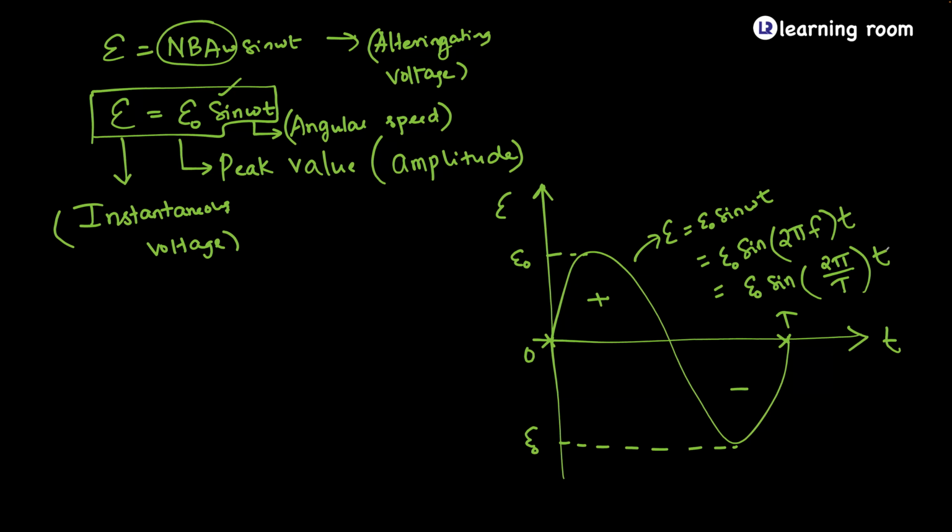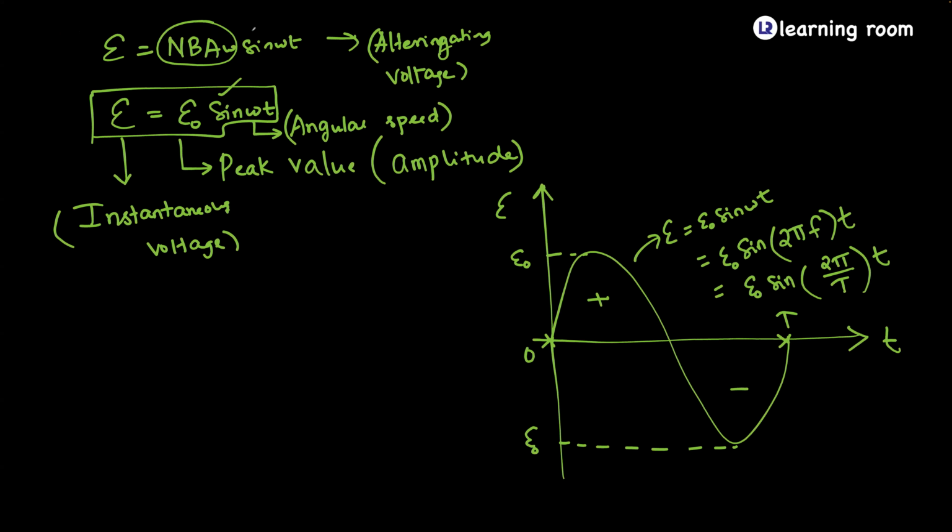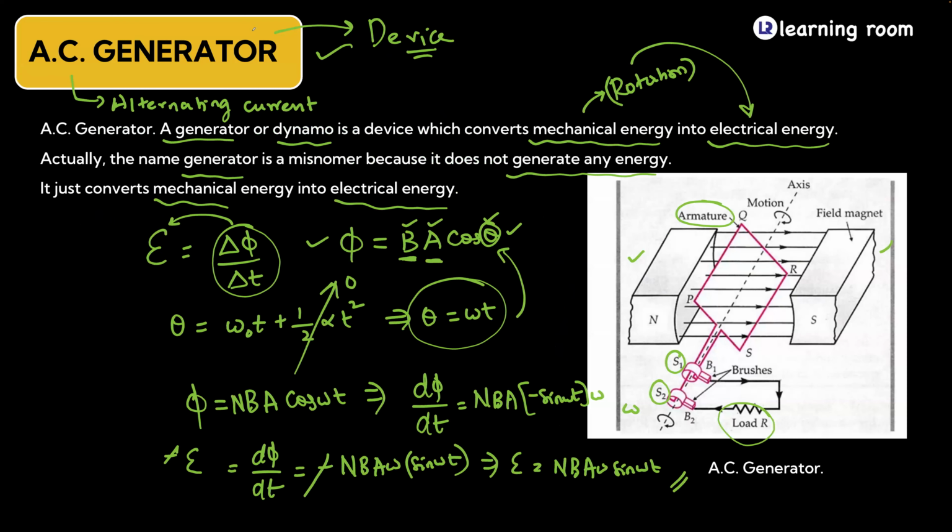So are you able to understand? Observe, I'll tell you first, listen. When I say E is equal to E naught sine of 2 pi by capital T into t, I'll take this expression into consideration. If you observe the diagram, initially the magnetic field is in this way, and the coil is like this.